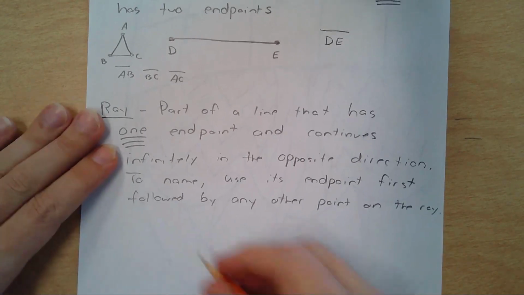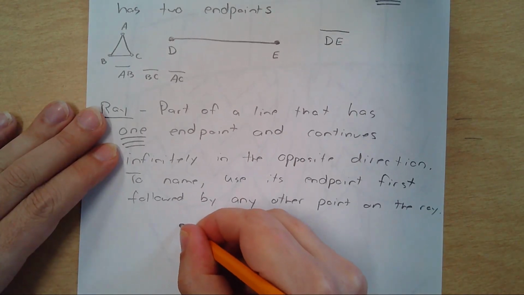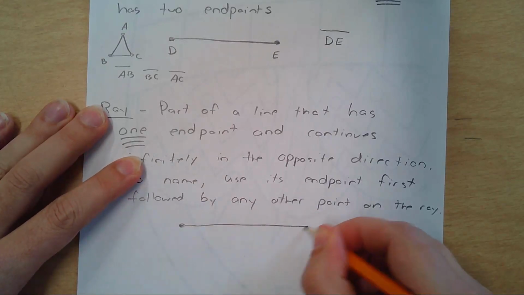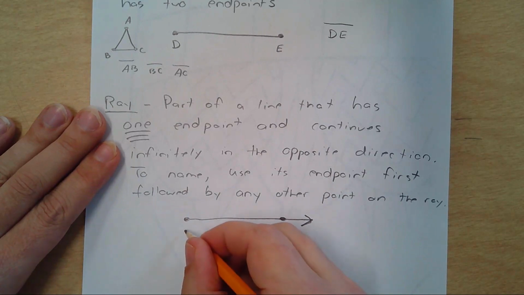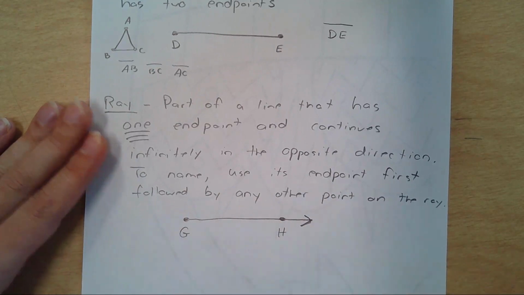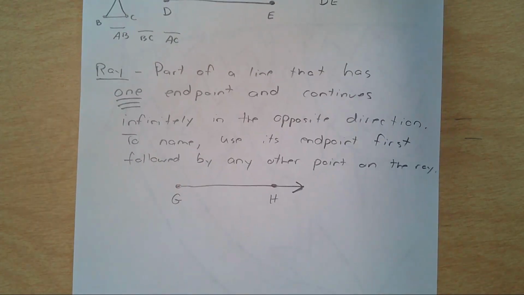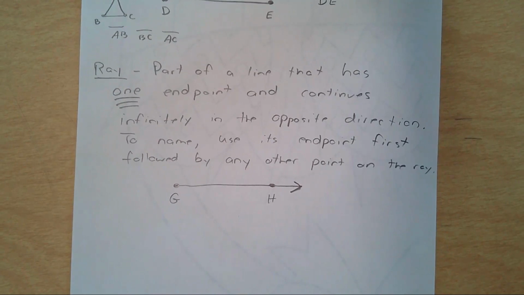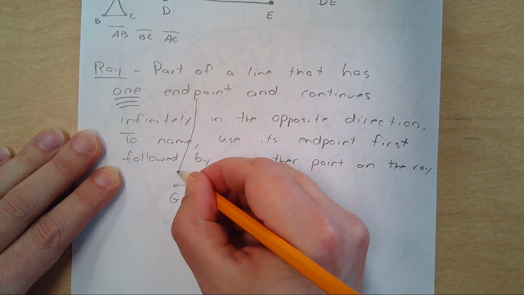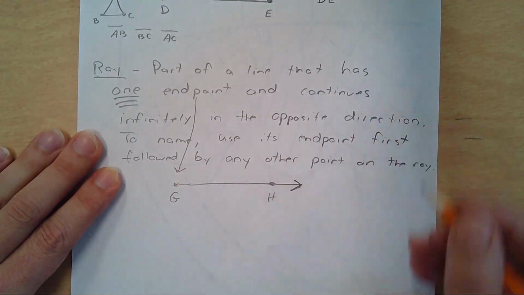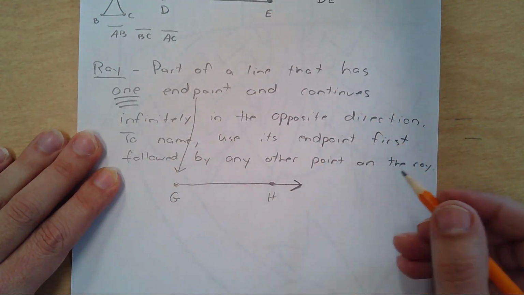So how would this look here? Well, we start with an endpoint. We'll call these G and H. So this would be a ray. It has one endpoint, so here's my endpoint right here, and it continues infinitely in the opposite direction.